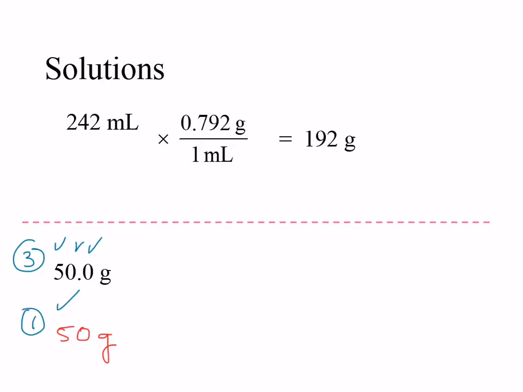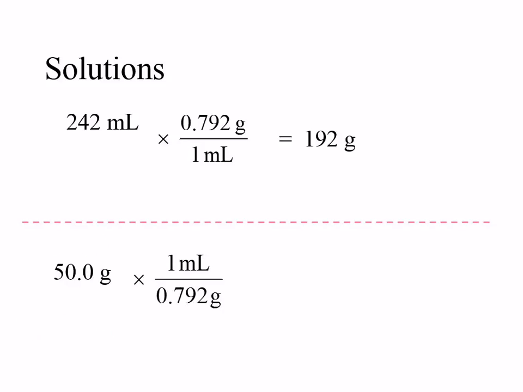Okay, so what does my next term look like? I'm going to use density, I want grams to cancel, I want to be left with units of milliliters. So grams must be in the bottom. It's the flipped version, or the inverse, of the term we used before, isn't it?